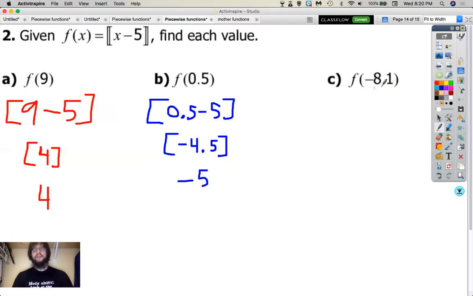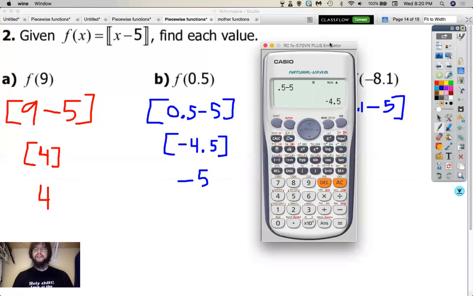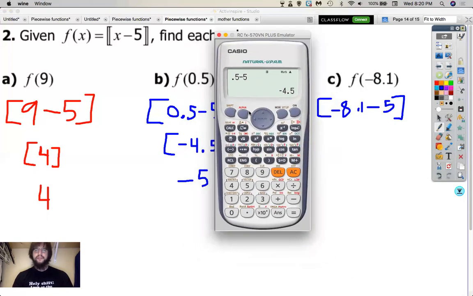And if we look at this one, -8.1, we're plugging that in here. Got this calculator, just pop it in there. Alpha minus -8.1 minus 5 is -14.